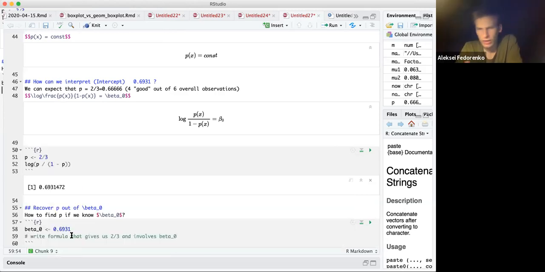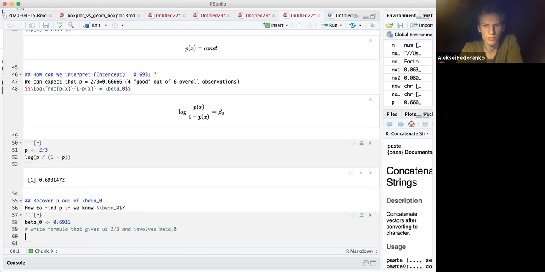It's actually the formula that you have given to us, but without this beta 1.